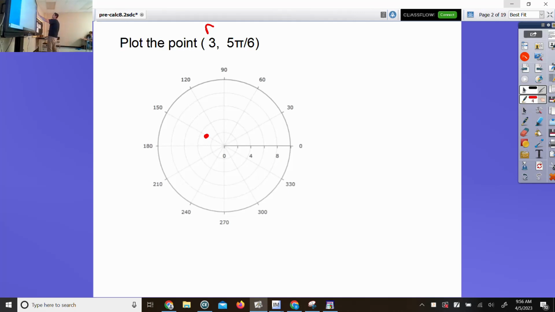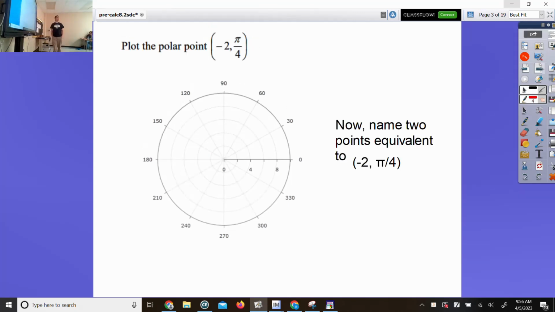All right, the next one, the radius is negative. What do you think that means? Go the opposite direction. You still follow the angle. Pi over 4 is going to be 45 degrees right here.